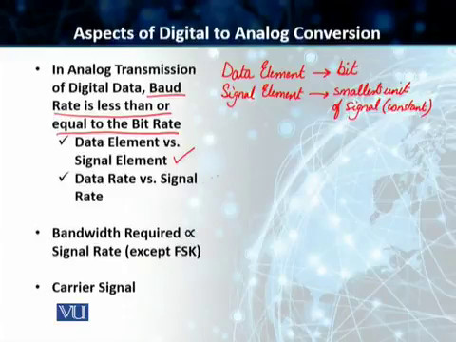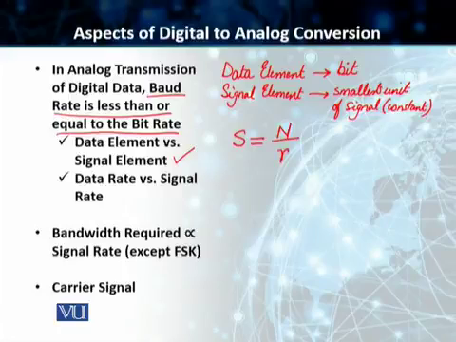Now, the relationship of data rate versus signal rate, we went through that as well. So your signal rate S was equal to N, which is your data rate, divided by R, ratio R. Remember, R is the number of data elements that are carried in one signal element.